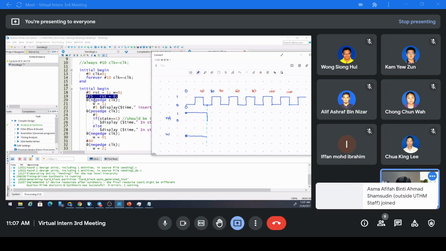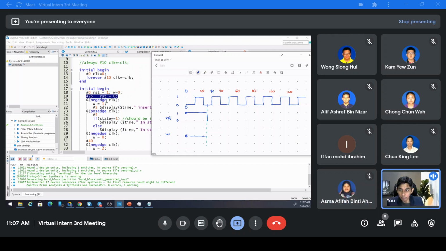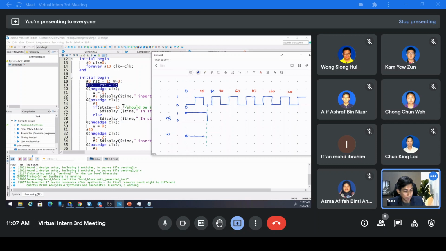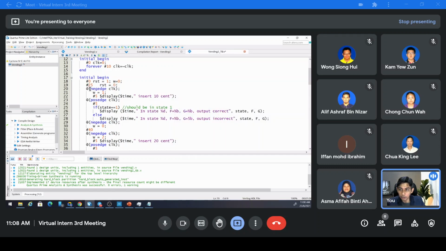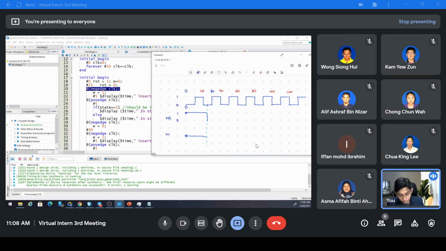Now, this one. This is a good thing about writing the testbench for Verilog, where we can refer our signal to the clock signal. All right. So at 25 nanosecond also, and the next negative edge clock means that, where is the negative edge?